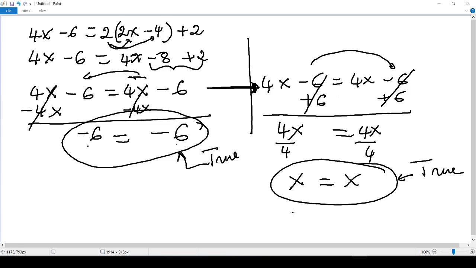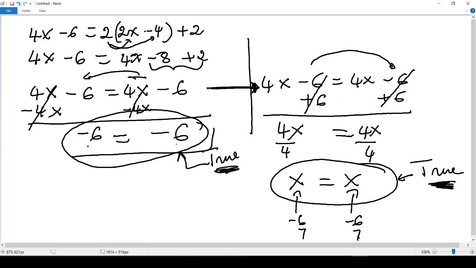X is a variable. That means if I put a number here, I should put the same number here. If I put negative 6 here, I should put negative 6 here. If I put 7 here, I should put 7 here. So negative 6 equal to negative 6, 7 equal to 7. Once after solving an equation in one variable you end up having this kind of solution where they are true, very important.